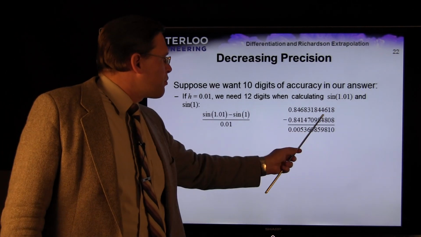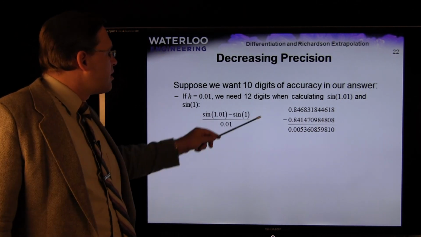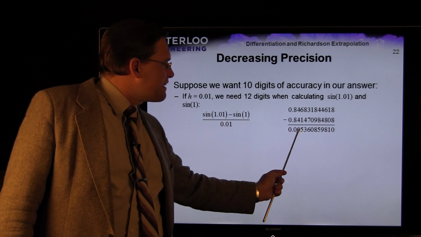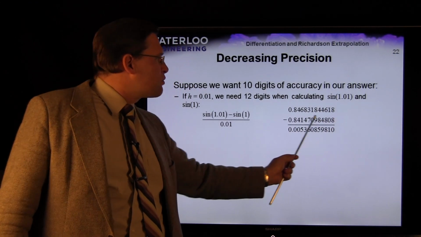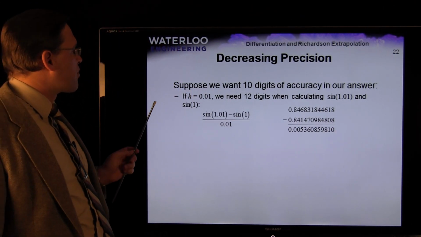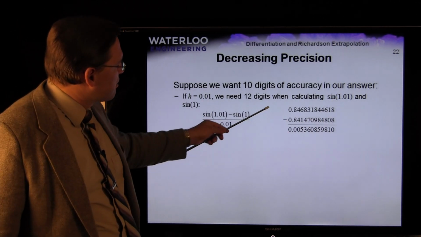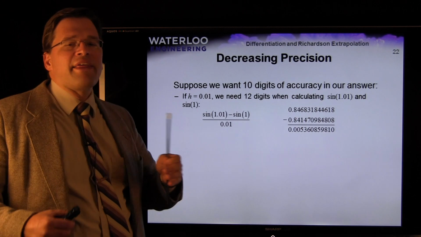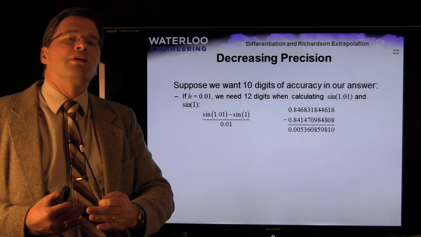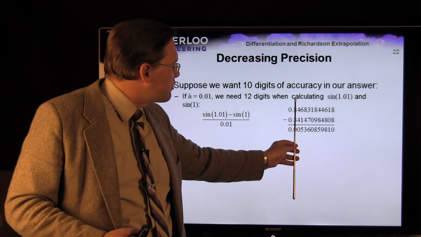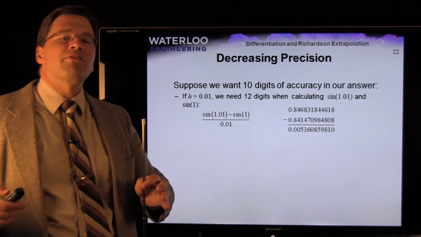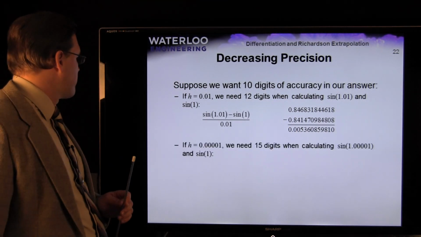So this is sine of 1.01, this is sine of 1. In order to subtract them to get 10 digits of accuracy here, we actually need 12 digits of accuracy in both of the calculations of these two values. Why? Because the first two values are equal and they cancel each other out. Consequently, the accuracy comes from everything from the third decimal place on.